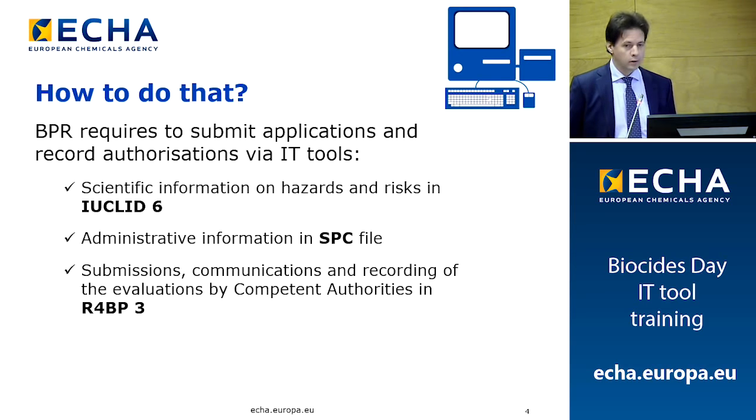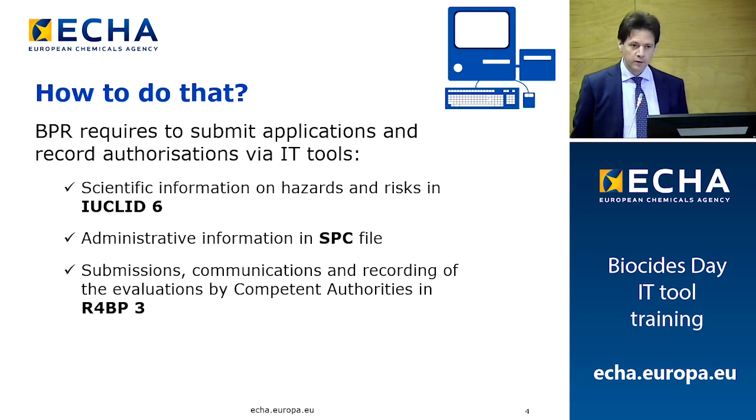So you have to work on your scientific data, fill in the Euclid format and generate the Euclid files as you did this morning, one for the active substance, one for the product. Then you have to keep on producing and putting information in other IT tools that would complete the picture and would allow you to apply for authorization.